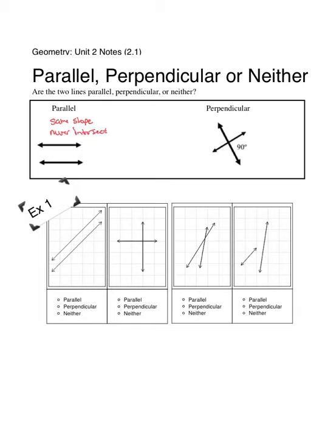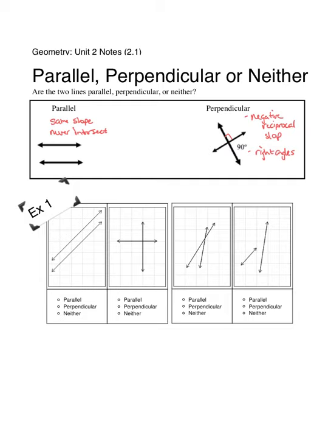And perpendicular lines have a negative reciprocal slope, and they intersect at right angles. See that? All right, let's look at the example.